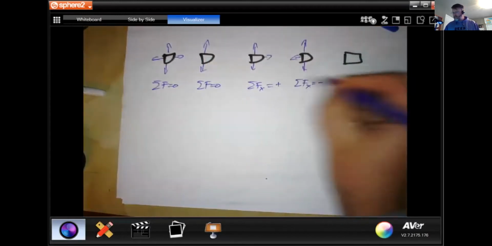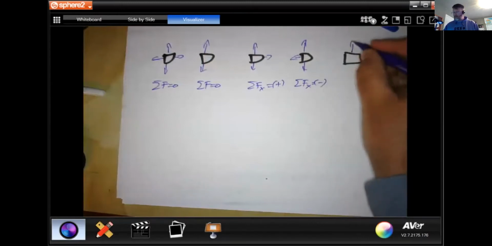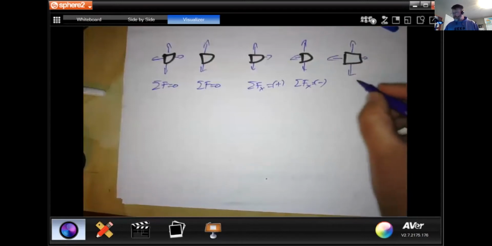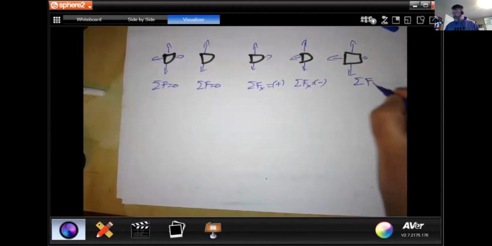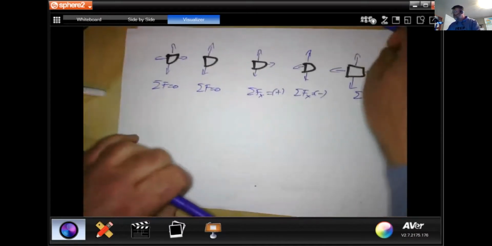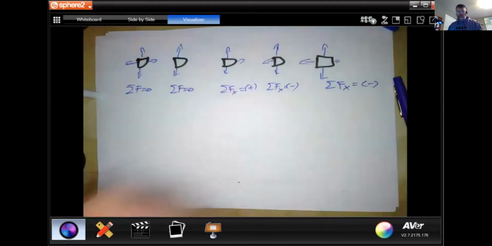This is some positive number. And then this one looks like this magnitude is greater than this one, so the sum of our forces in the x, again, is some negative number. So if all of that's true, then what does that say about motion?